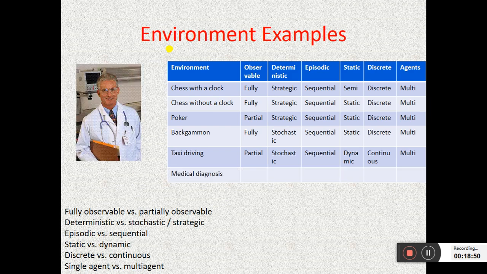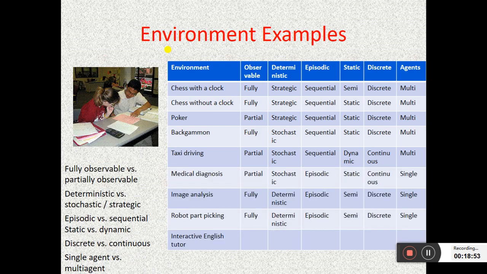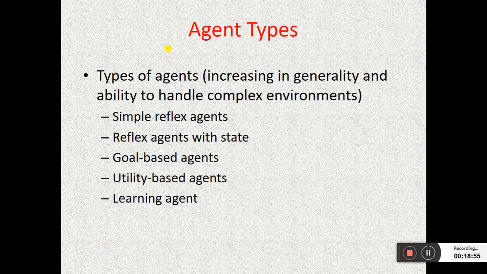In the next coming up lectures, we will discuss about agent types. This lecture would be very amazing, as you would be able to learn about what are the agents and what are different types of agents that are working in the environment.